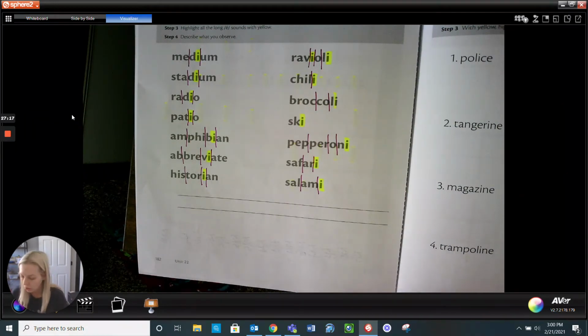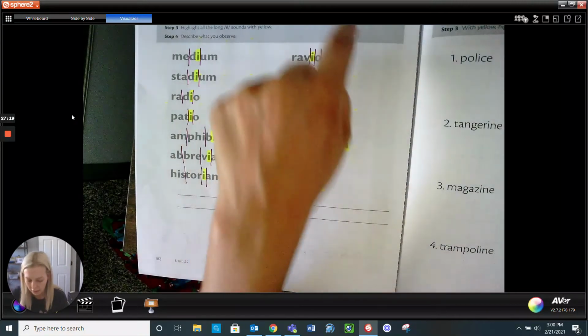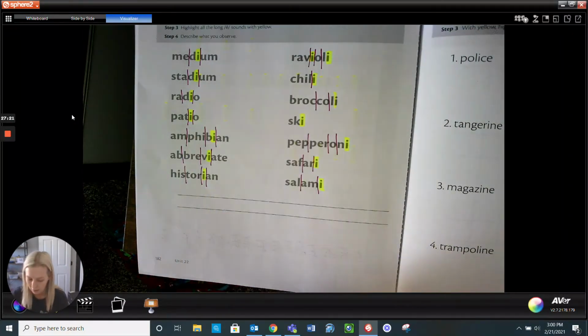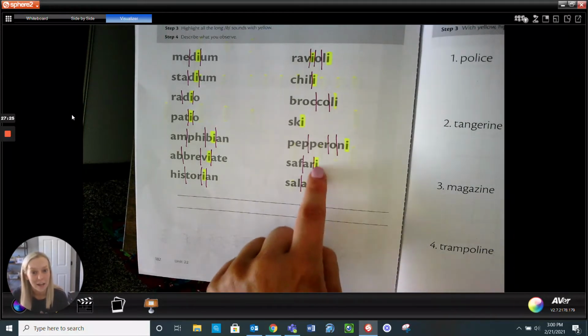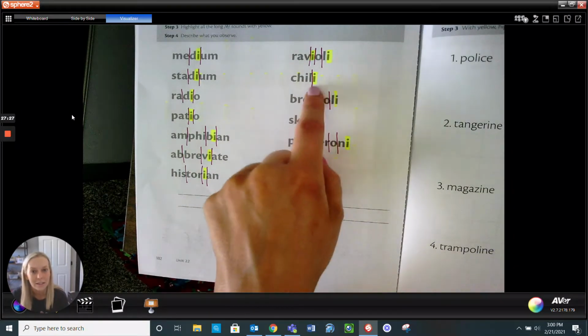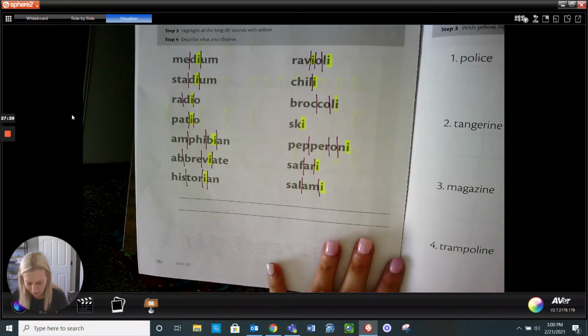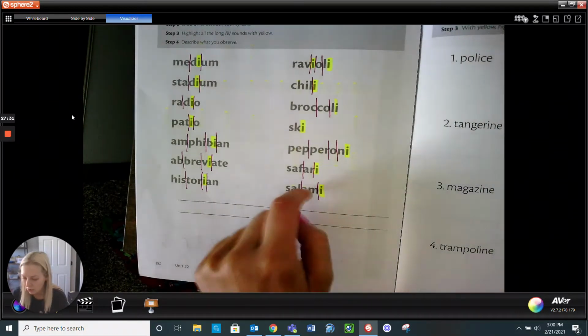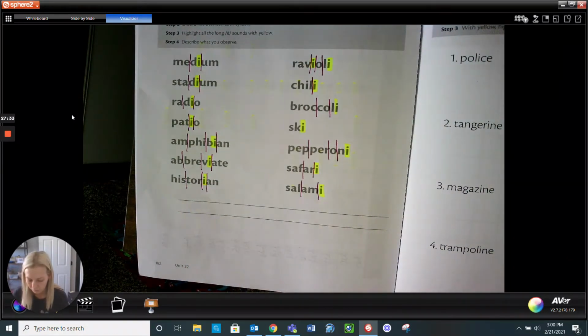What is unusual about the second column of words? Remember, we say English words do not end in I, and yet all of these end in an I. Do you think these words are exceptions to the rule?